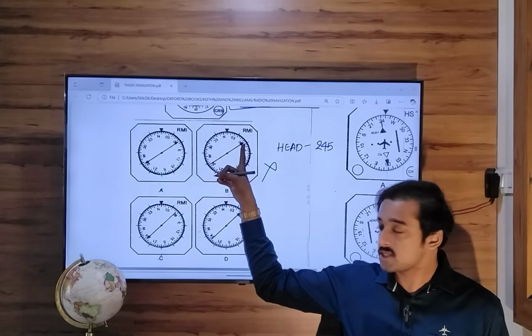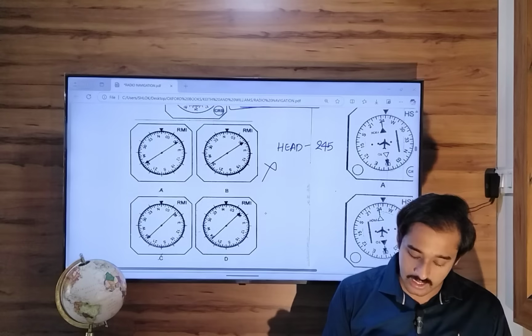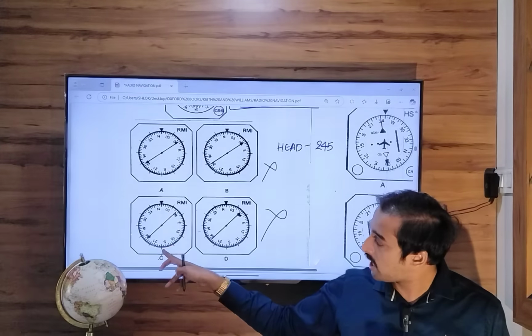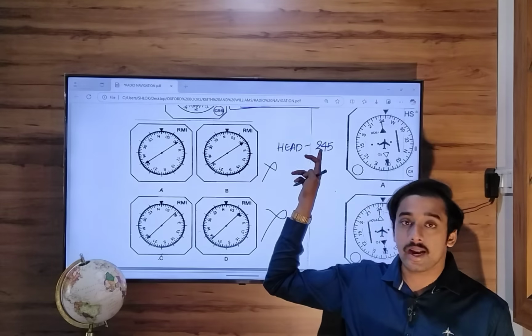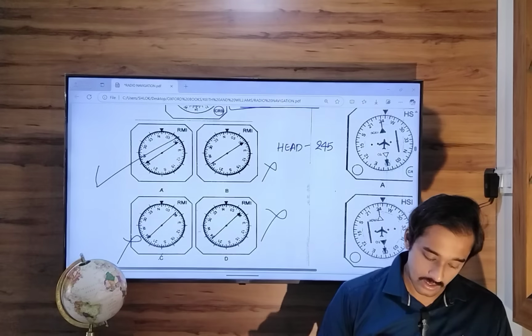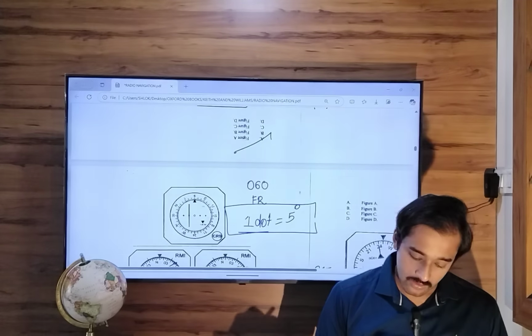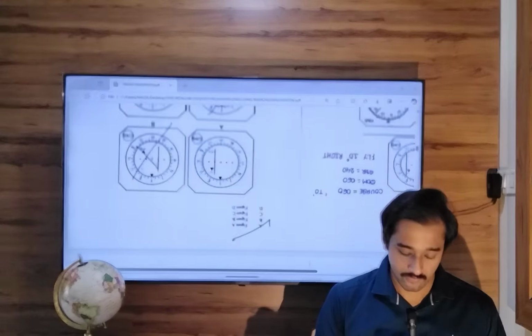Over here it is pointing at 065. Over here it is pointing at 055. So again this is wrong. And in option Charlie it is pointing at 235. We want it to be pointing at 245. So the correct option will be option A. Figure A, which is nothing but option Bravo. Option A, figure A.